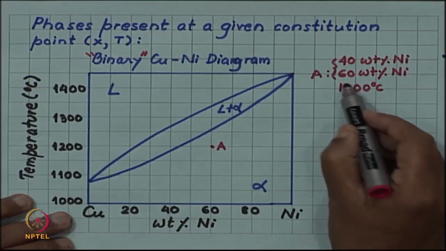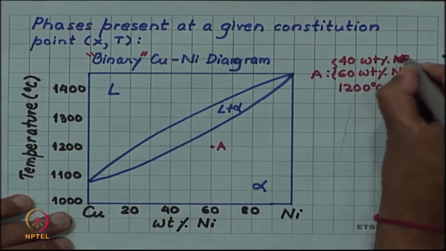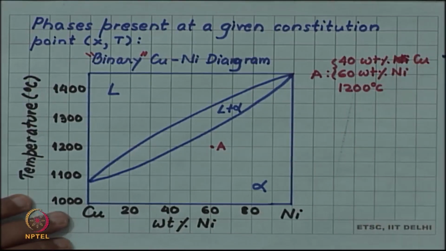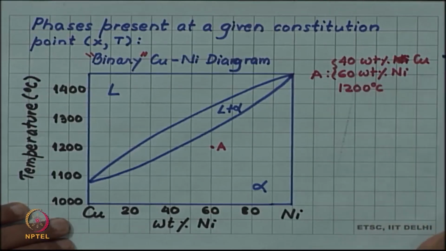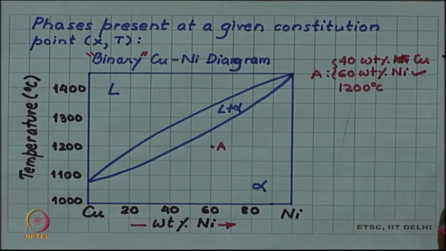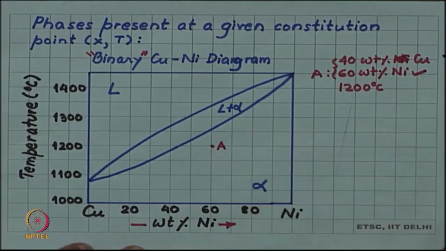So, 68% nickel means 32% copper. Either of them you can give, but since we are using weight percent nickel as our composition axis, we will give 68% nickel as the composition of this alloy.